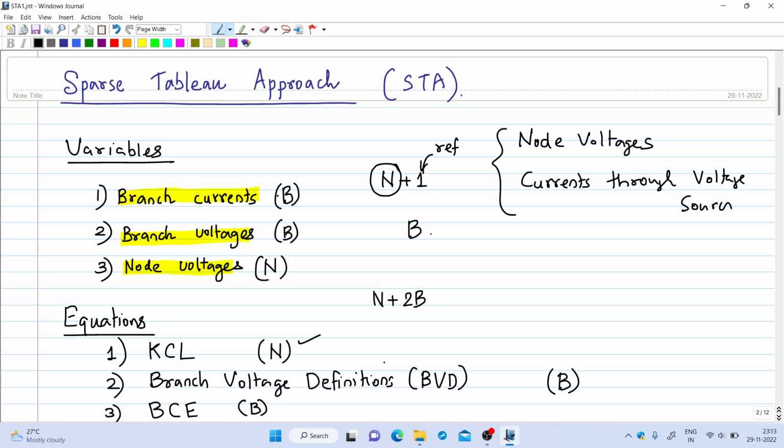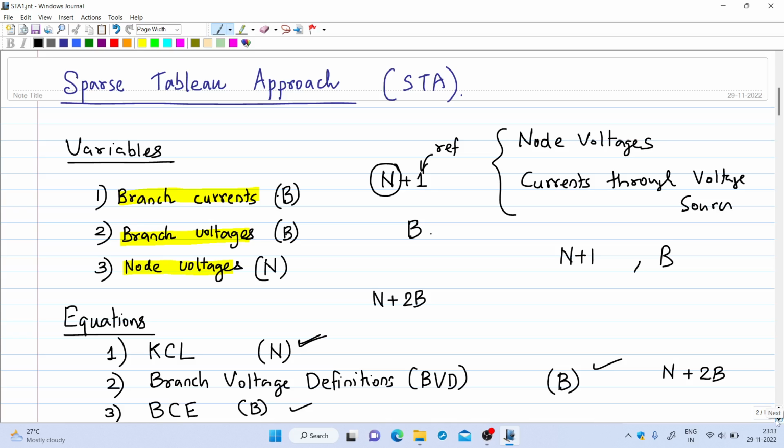So the total number of equations is now n plus b plus b, or n plus 2b. So if you have a circuit with n plus 1 nodes and b branches, then there will be n plus 2b variables and n plus 2b equations in this STA technique.